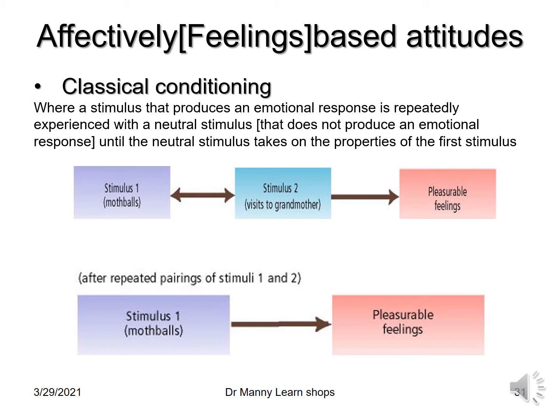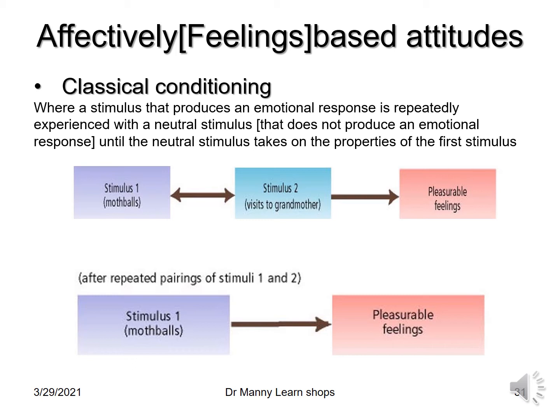Pavlov's dog experiment, which we'll be looking at as we go through. In classical conditioning, this is where you've got a stimulus that produces an emotional response, and it's repeatedly experienced with a neutral stimulus. And it's the neutral stimulus that doesn't initially produce an emotional response, but it does when it takes on the properties of the first stimulus.